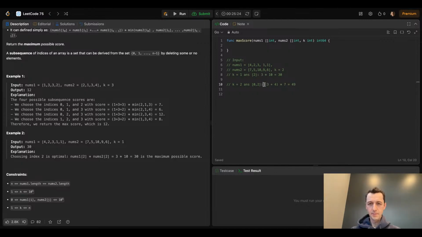We thought, okay, 3 by 10 is top score. Then we say, okay, 4 by 7 is top score of the rest. 7 is going to be less than 10.